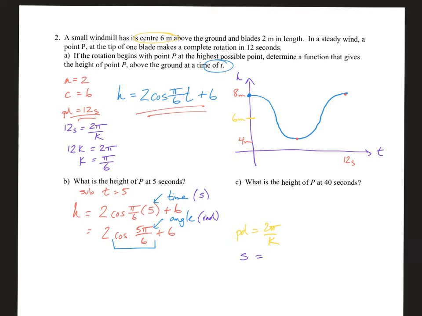My angles, 2 pi, are being measured in radians. And so when I multiply out that k, and then divide out my seconds, what I'm actually getting in this case is a value, pi by 6, that is radians per second.